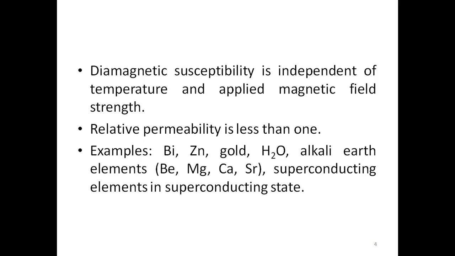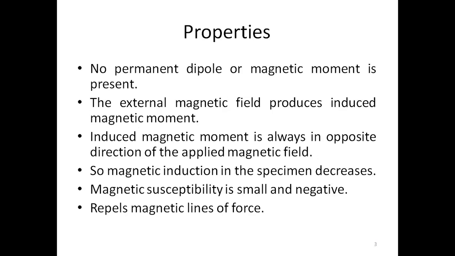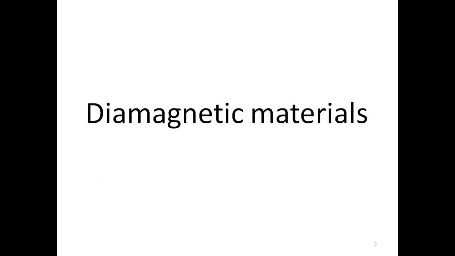Also, these diamagnetic materials are used as superconducting materials. The superconducting elements come under the category of diamagnetic material. So we started today's topic with the diamagnetic material. Why is a given magnetic material said to be diamagnetic?